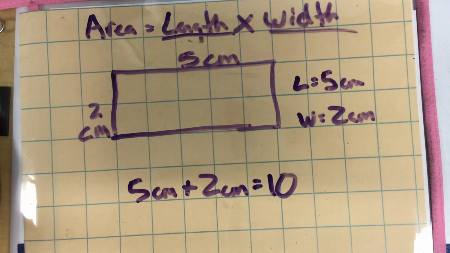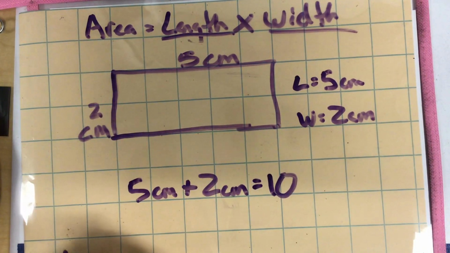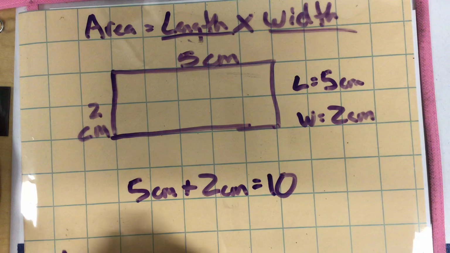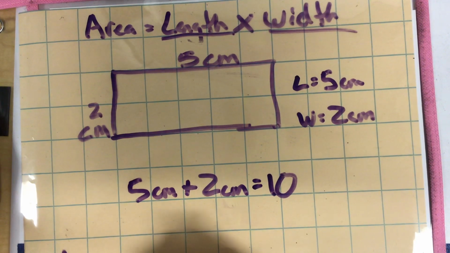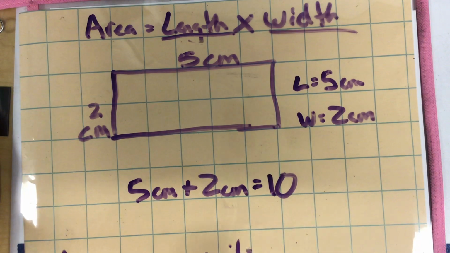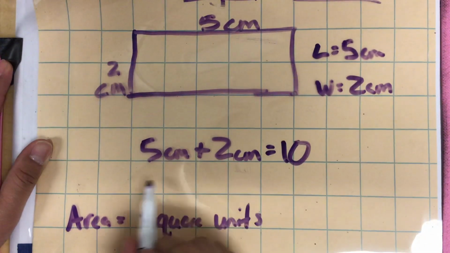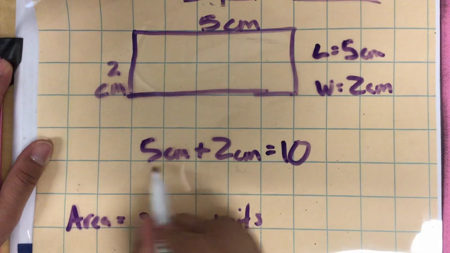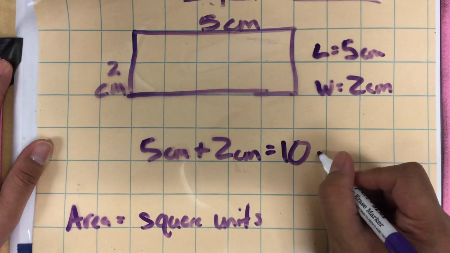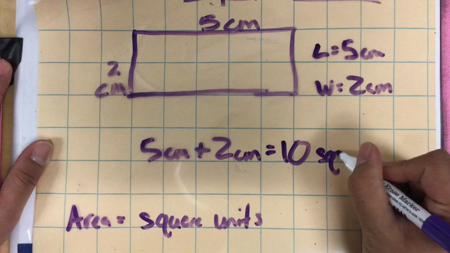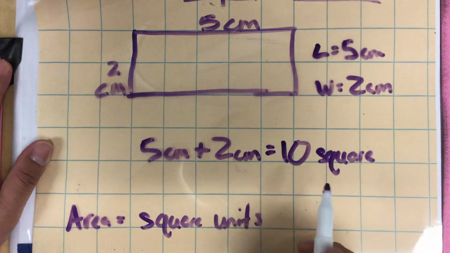That's 10, but remember, area equals square units. Okay? So area equals square units. So if 5 times 2 equals 10, we have squared. And what is our unit?